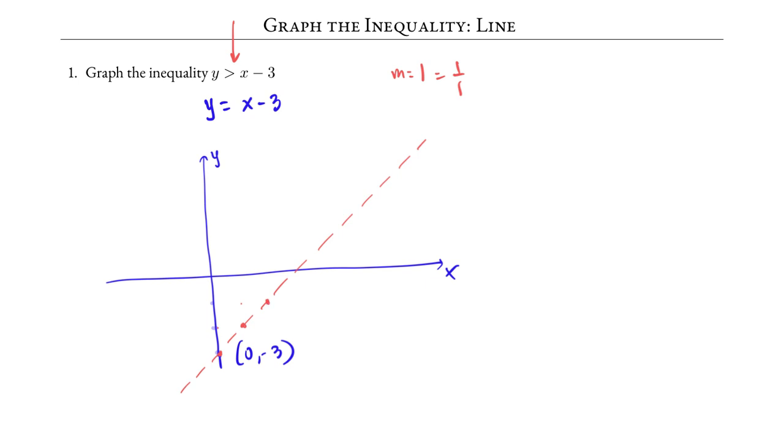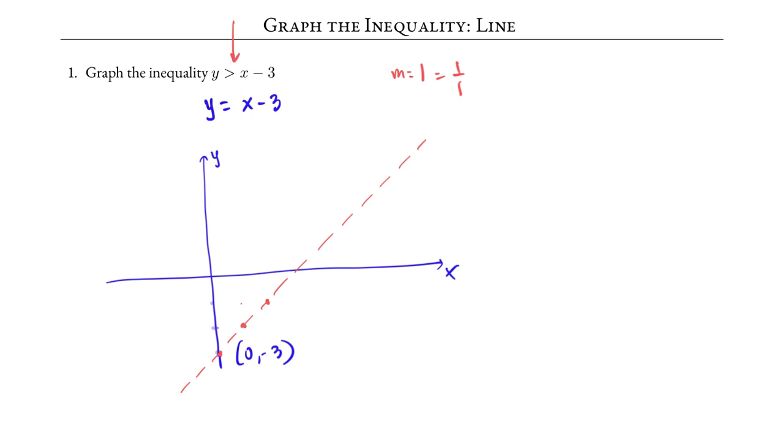Usually we only need 2 points to draw the line, but we should have 3 points so that we can double check our work. And so this is the graph of the line y equals x minus 3, but not solid, because of the strict inequality.